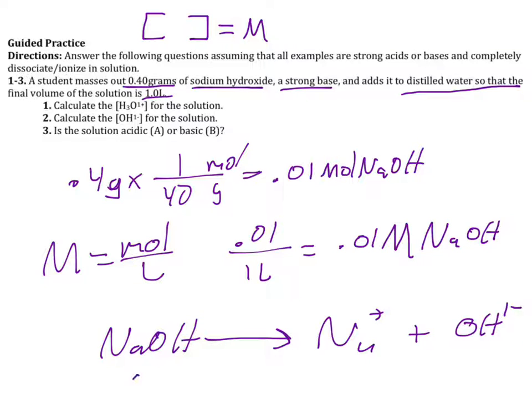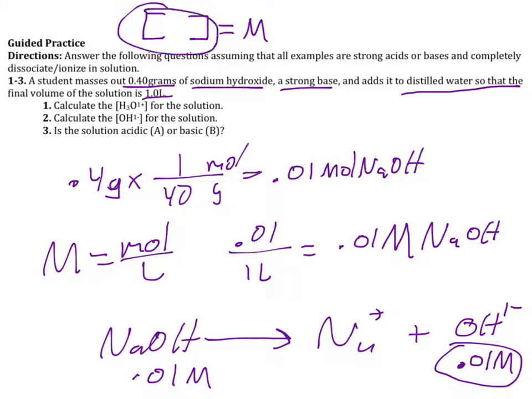So because this is a 0.01 molar solution, that means this is a 0.01 molar solution. And this here is the answer to number 2. The concentration of the hydroxide ion, which again, concentration means molarity, is 0.01 molar.